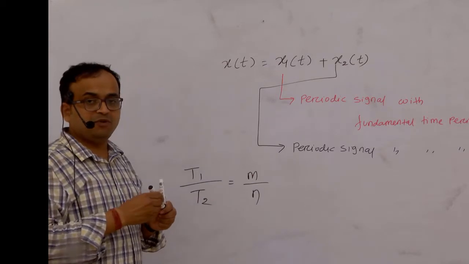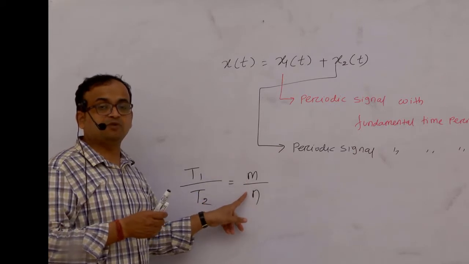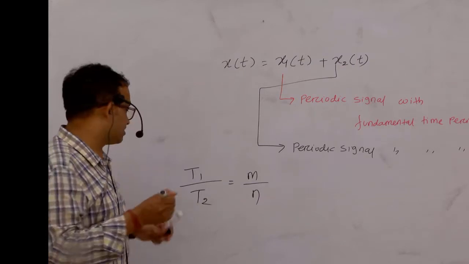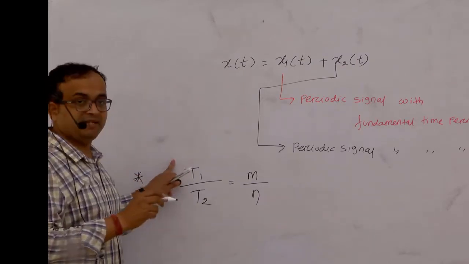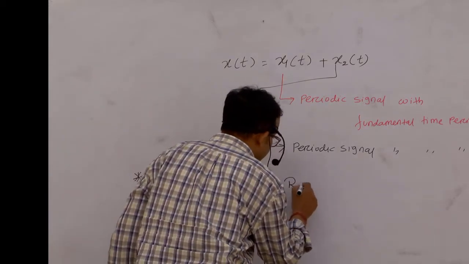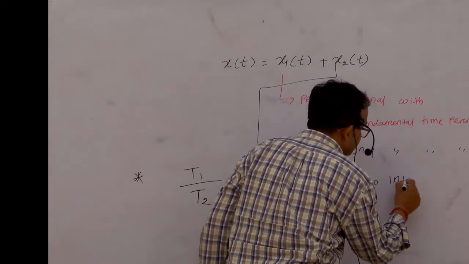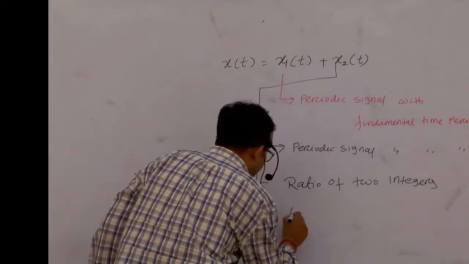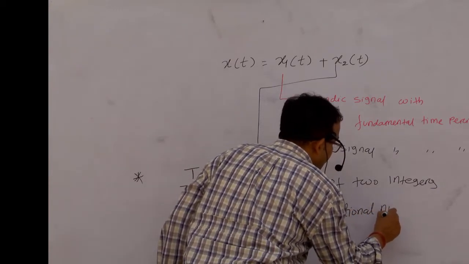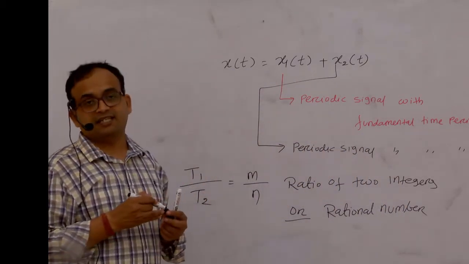If the ratio of the two periodicities is the ratio of two integers, or a rational number, then the signal x of t is a periodic signal.